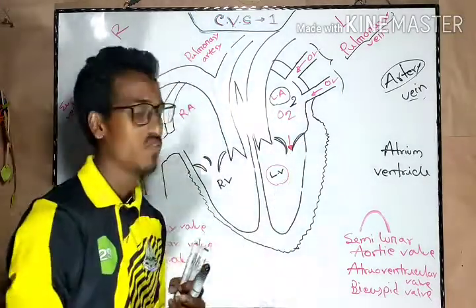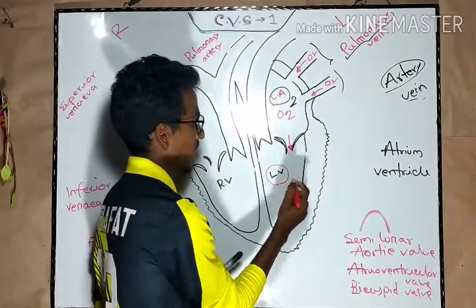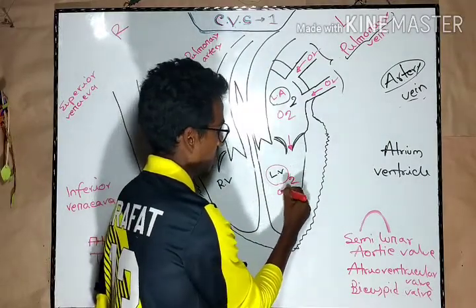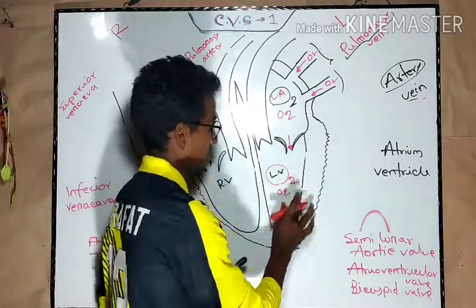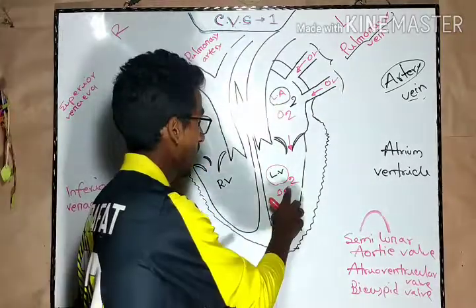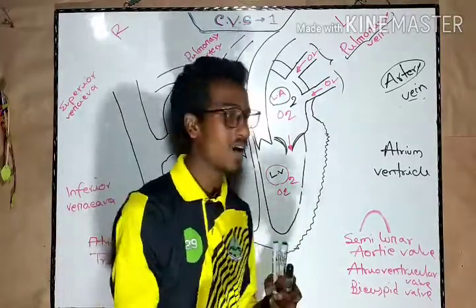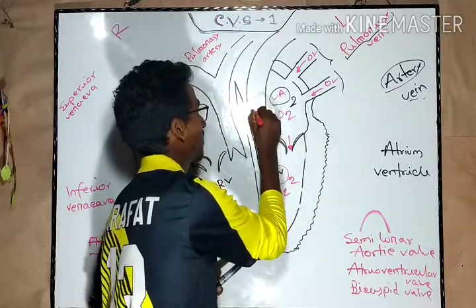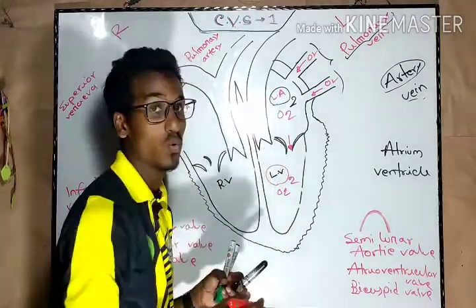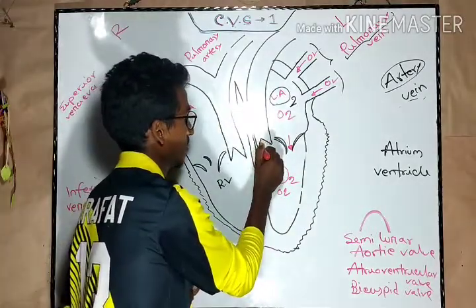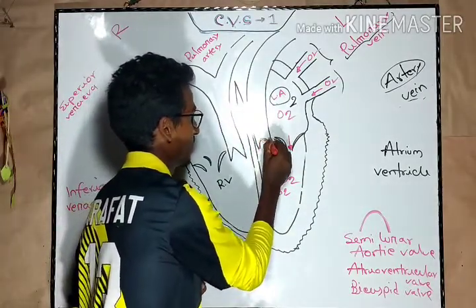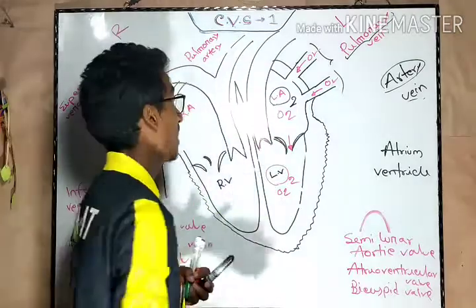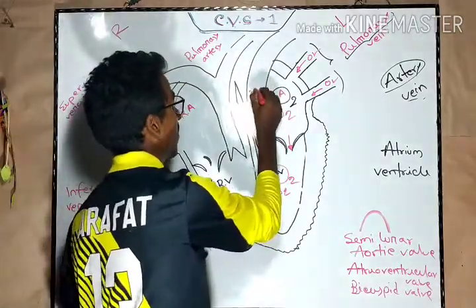Now it is the oxygenated chamber. Now, in ventricular systole, the blood goes to the aorta through this aortic valve. Here the aortic valve. Now the blood goes to the aorta.